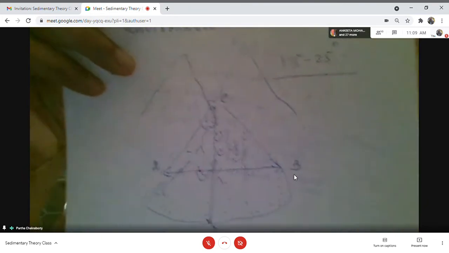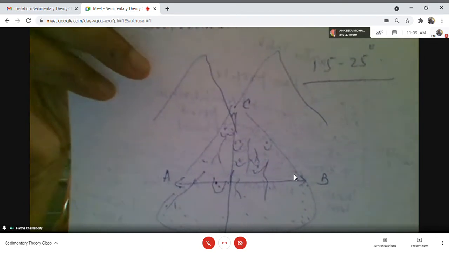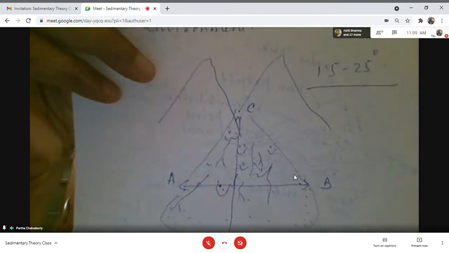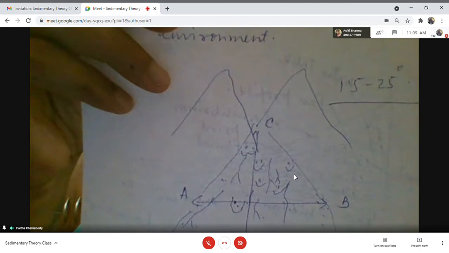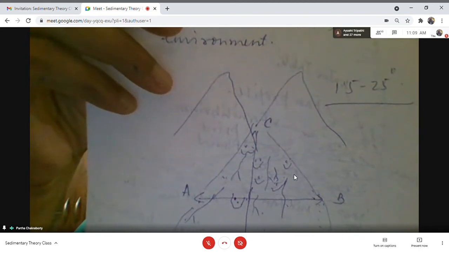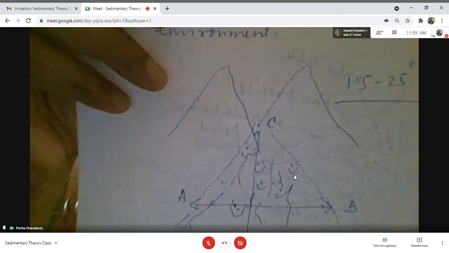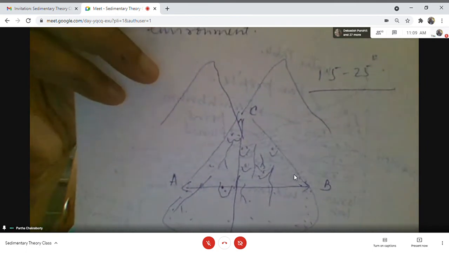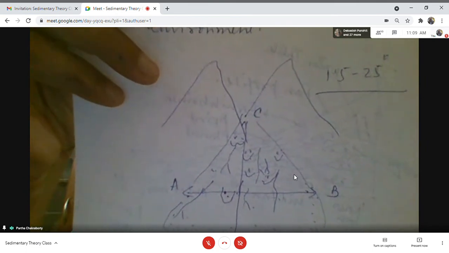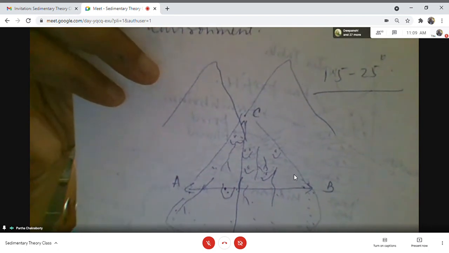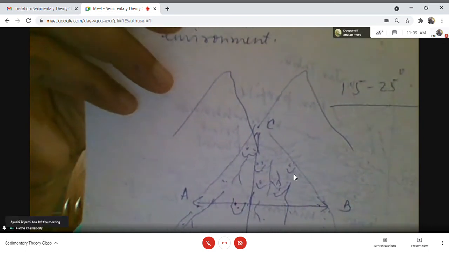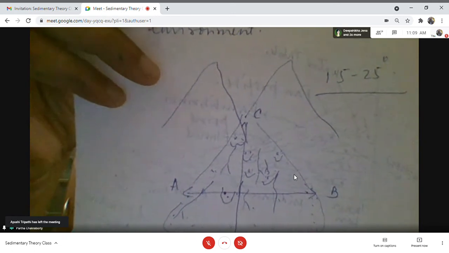What is an alluvial fan? An alluvial fan is a subaerial cone-shaped body, C-O-N-E, cone-shaped body, which forms at the base of a physiographic high. I repeat, an alluvial fan is a subaerial cone-shaped sediment body that forms at the base of a physiographic high.